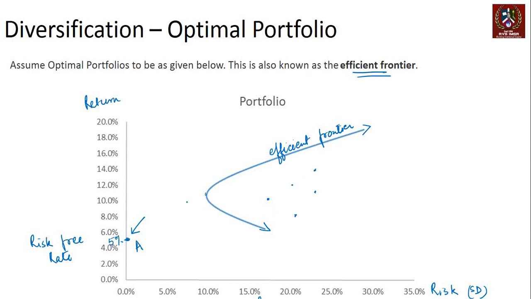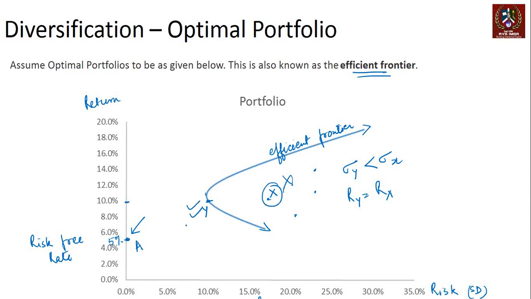That's because for every given return, for example, if this is the return we are looking at, which is let's say 10%, for the same 10% return, there is another portfolio. If this is a portfolio X, there is another portfolio Y, where sigma of Y is less than sigma of X, and return of Y is the same as return of X. So there is no sense in holding portfolio X. We should always be holding portfolio Y. That's the broad premise when we look at a portfolio with a certain risk-reward characteristic.